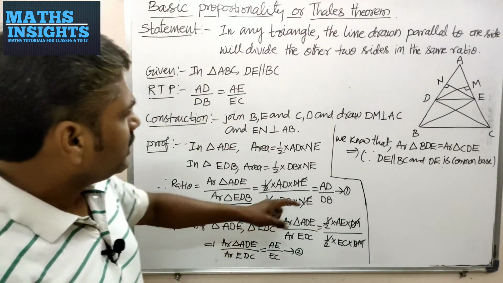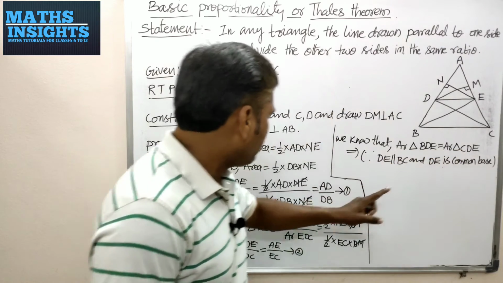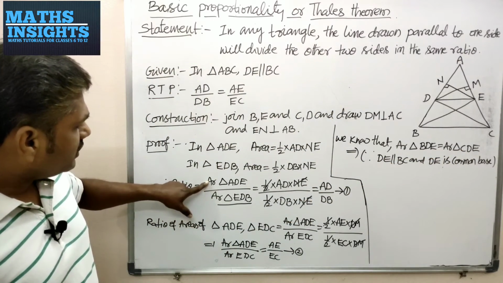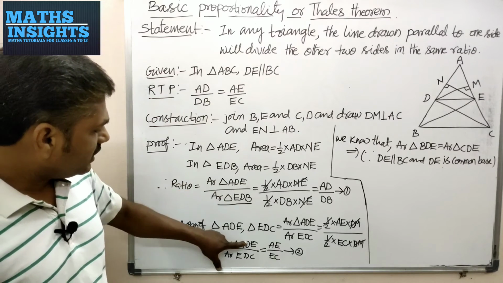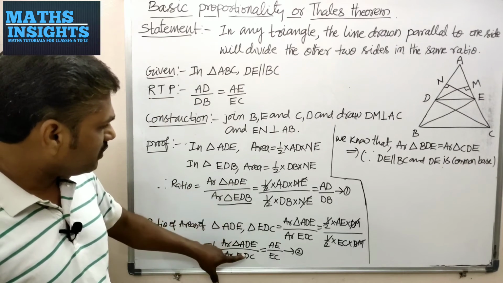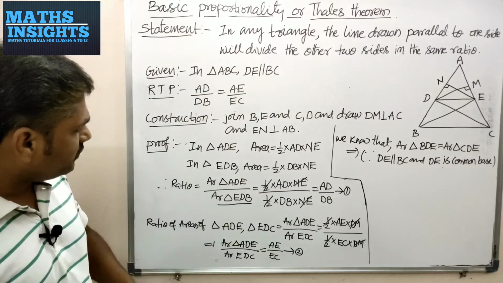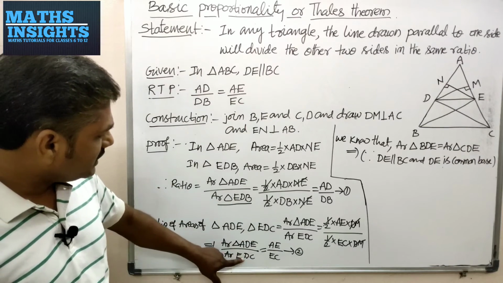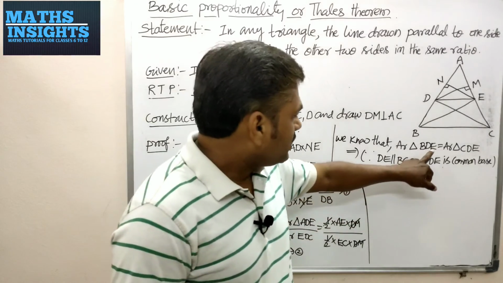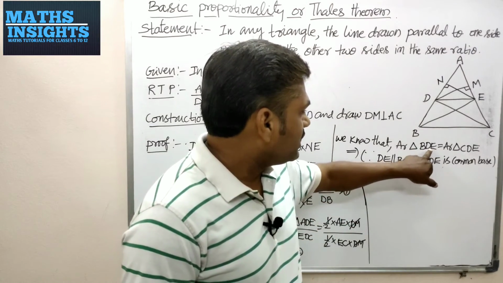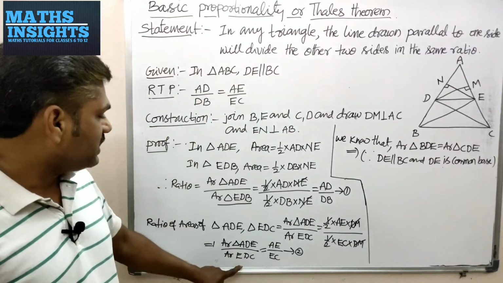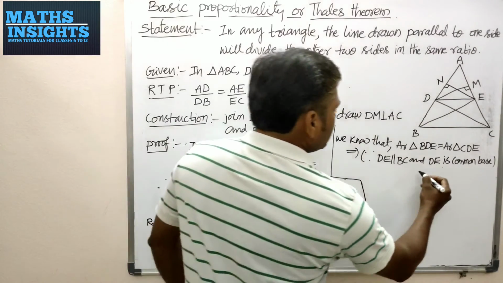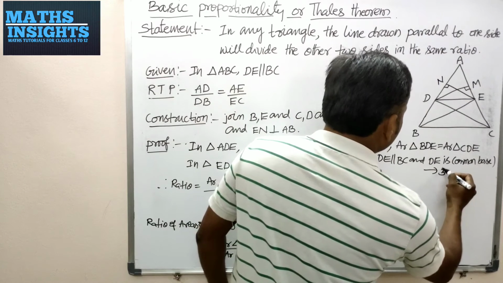If these two areas are equal, then you are having this ADE, which is the same in equations number 1 and 2, but the difference between these two is EDB and EDC. But you know that area of EDB is equal to CDE. CDE or EDC, both are the same. Let it be equation number 3.